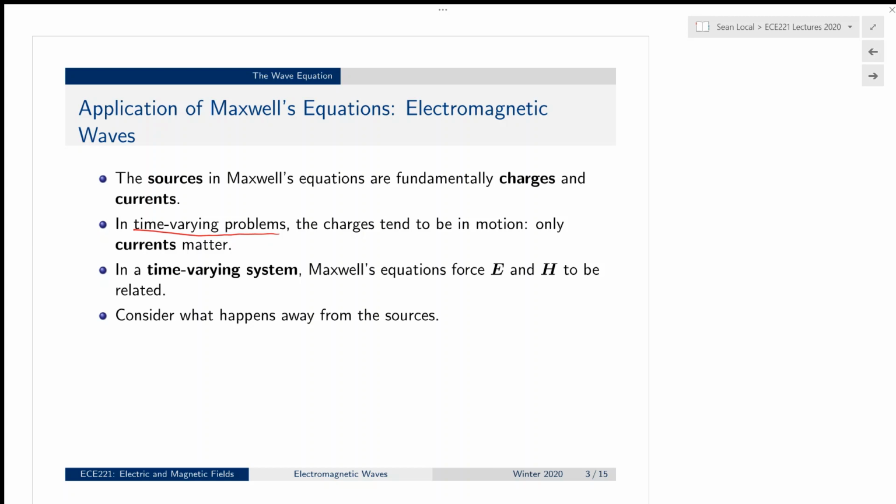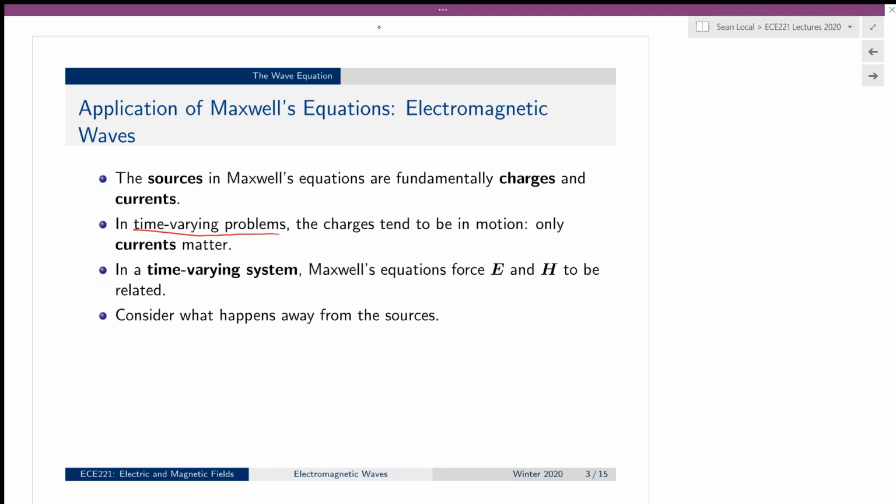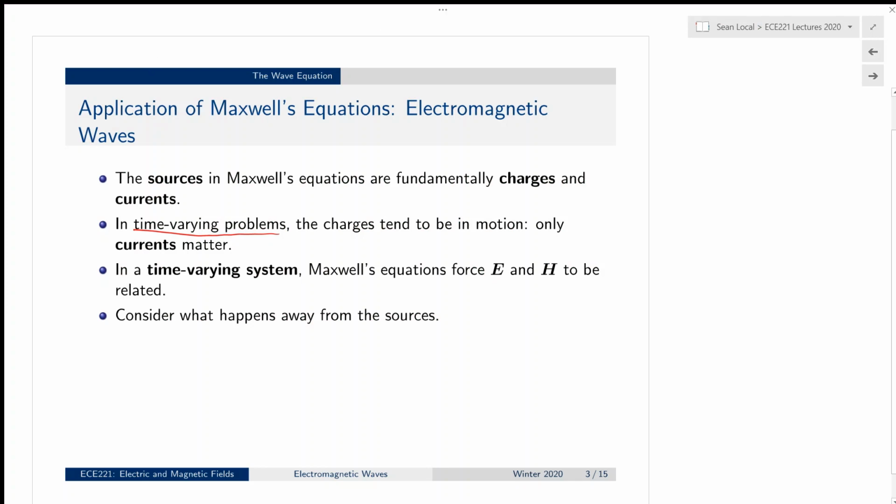And we're actually familiar with this type of analysis. If we return to electrostatics for a moment, you'll recall that we had Poisson's equation, which said that the Laplacian of scalar potential was minus rho sub V over epsilon. And this is a non-homogeneous differential equation.